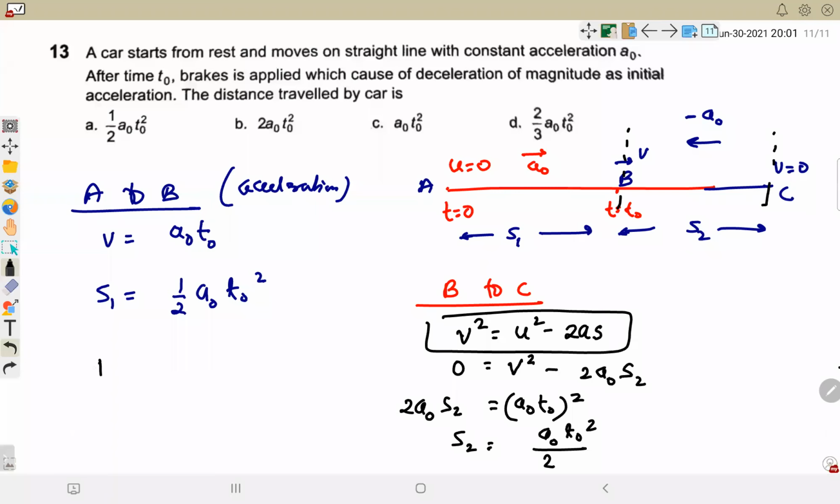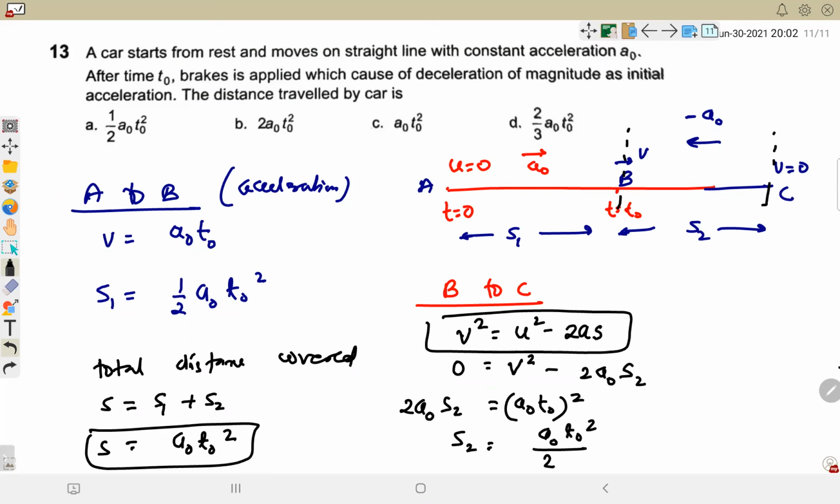So the total distance covered by the car is the distance in acceleration, S1, plus the distance covered in retardation, S2. Half a naught t naught square plus half a naught t naught square, the answer will be a naught t naught square. Right? Yes, sir.